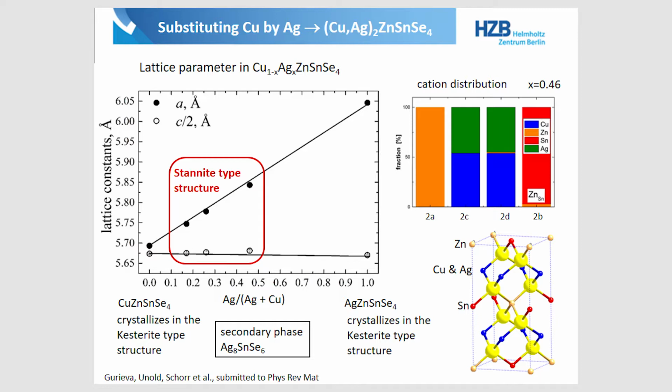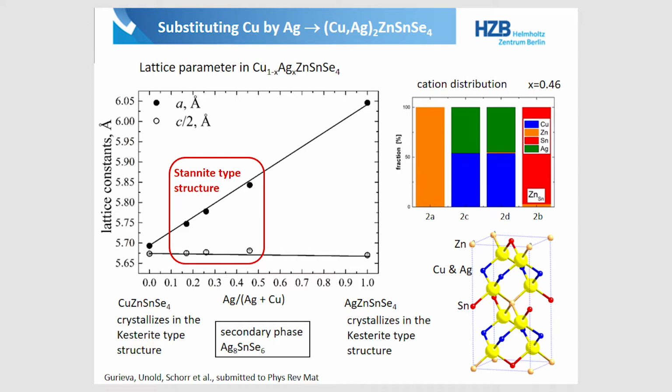This is the copper-silver content and lattice parameters, and we synthesized these 3 samples, mixed crystals between copper and silver, and this is the copper end member and the silver end member. Both end members crystallize in the Kesterite-type structure. They are a bit off stoichiometric, but only slightly, as you can see here. They are all between A-type, B-type, and G-type. So only a little bit off stoichiometric.